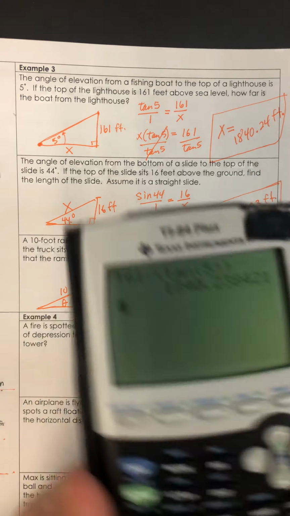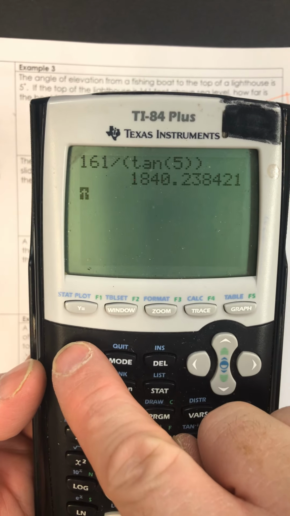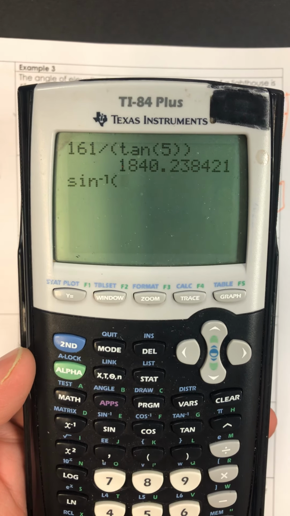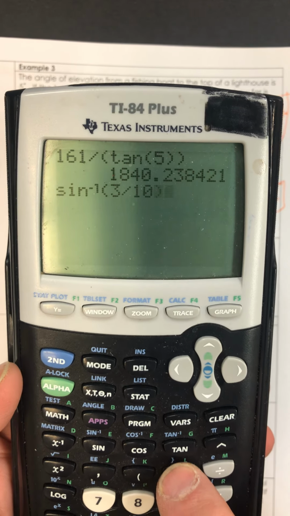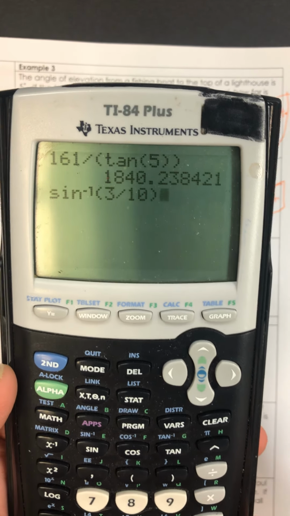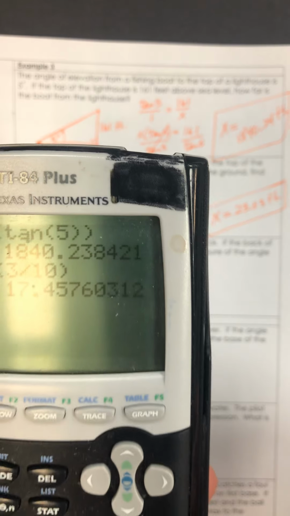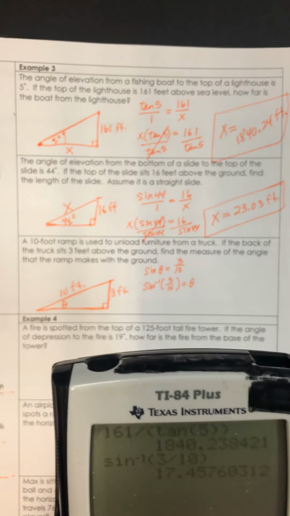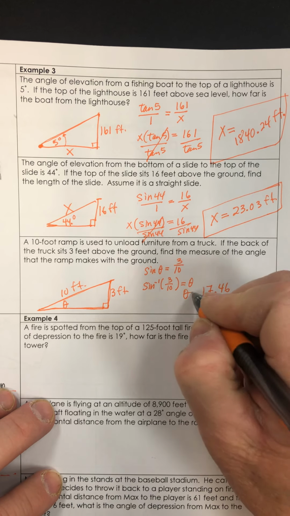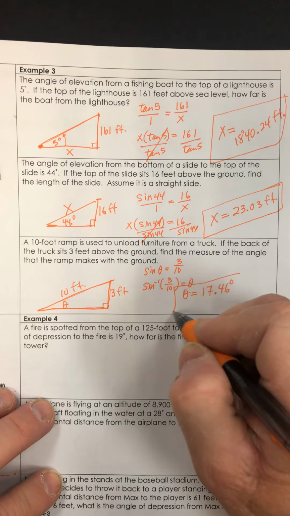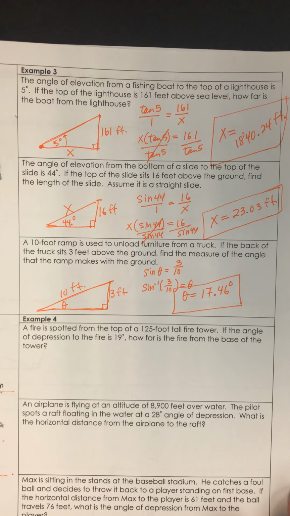So on my calculator, I'm going to go second sine, 3 divided by 10, close that, so the inverse sine of 3/10 is going to give me the angle. The angle is 17.457. So we'll say 17.46 degrees. Don't forget the degrees symbol. Okay? All right, that's angle of elevation.